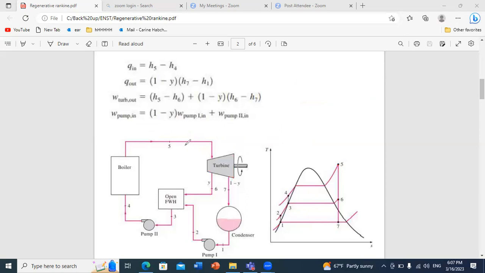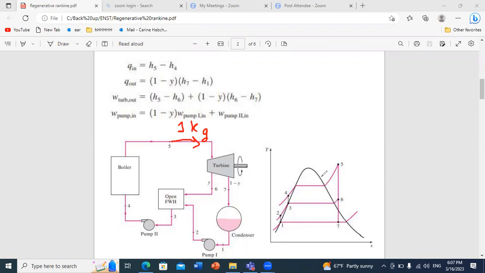Let us look again at the figure. For the turbine, what is happening is the following. You have the complete mass flow rate of 1 kilogram per second coming from point 5.